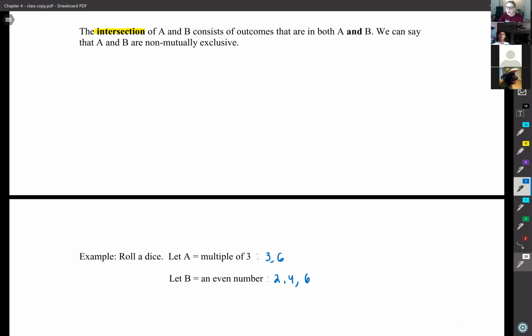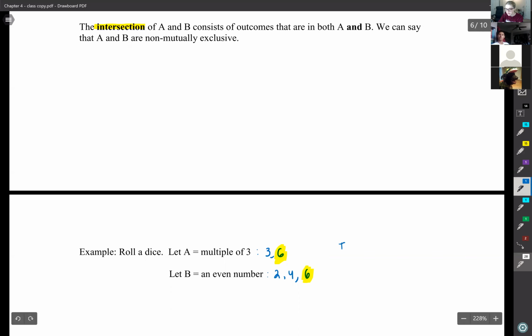Okay, well, these events do have something in common. They both have a 6 in them. So if I roll a 6, I satisfy both events A and B because I've done something that's in both of them. So we would say that the intersection of A and B is 6.